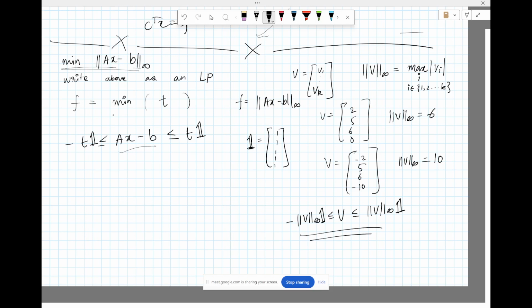So will minimizing this achieve this? We can check whether, let's say, t minimizes this.